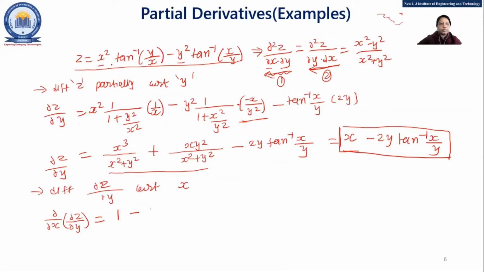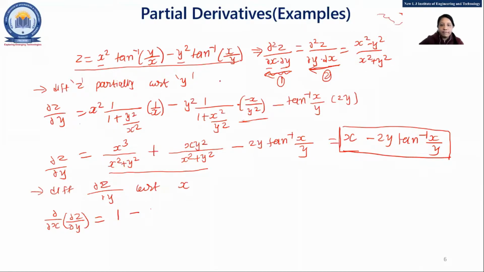Z equal to x square into tan inverse y by x minus y square tan inverse x by y. We need to prove that del square z upon del x del y equals del square z upon del y del x, equal to x square minus y square upon x square plus y square.